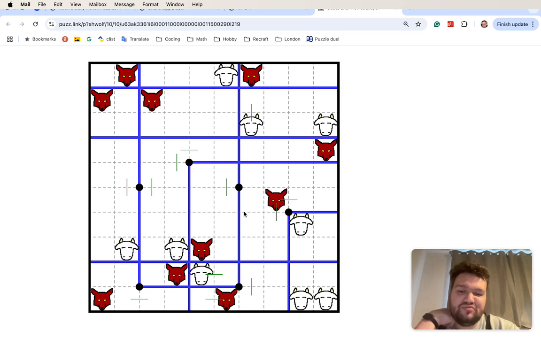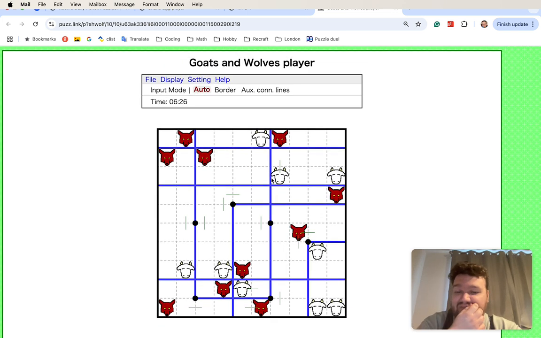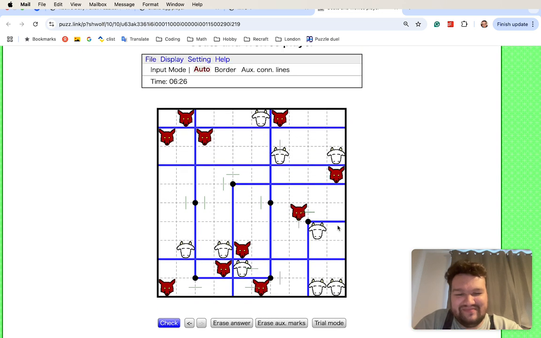Yeah, the other option would be to go right from here, but this will create an empty region here. Okay, I still don't really understand how to play this one, this genre. Yep, not my favorite.